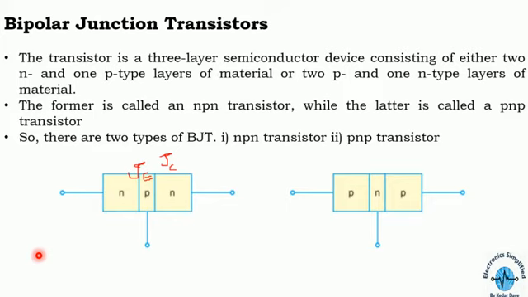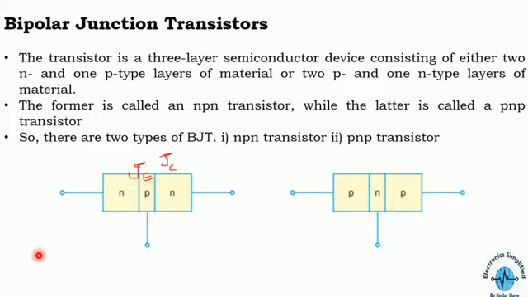Now second case, the holes are positively charged, and these positively charged holes travel from the P to N region, and due to this the electrons get attracted, and the charge carriers travel from P to N region.